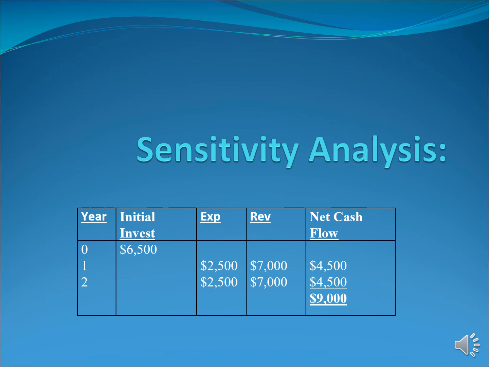The expenses for year one are $2,500, and expenses for year two are 2,500, and the revenue for year one is 7,000, and the revenue for year two is 7,000, and the net cash flow for year one is 4,500, and the net cash flow for year two is 4,500, adding up to 9,000 for 2 years.